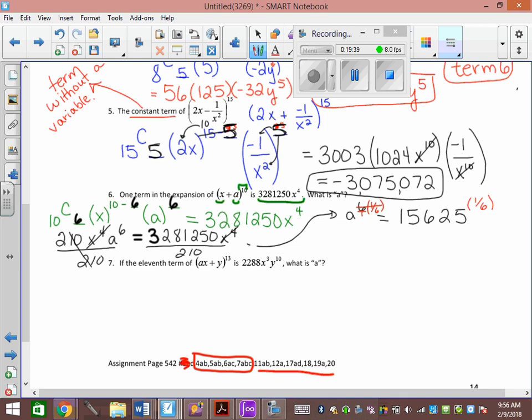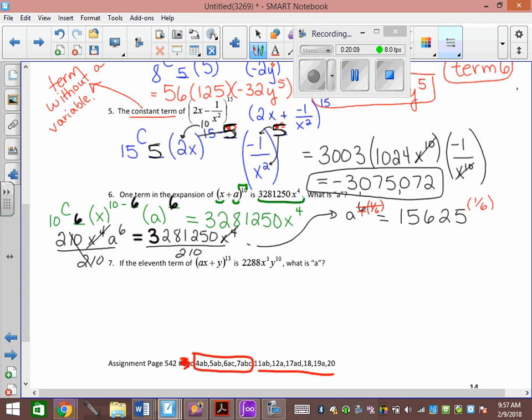So what's the 6th root of 15,625, or 15,625 to the 1/6? Now remember, if your exponent pops up, you can go 1 divided by 6. If your exponent doesn't pop up, you have to put fractions in brackets every single time, because that's the only way your calculator knows it's a fraction, not a bracket. When you use the little hat symbol and it gives you your exponent, you have to put your exponent in brackets.